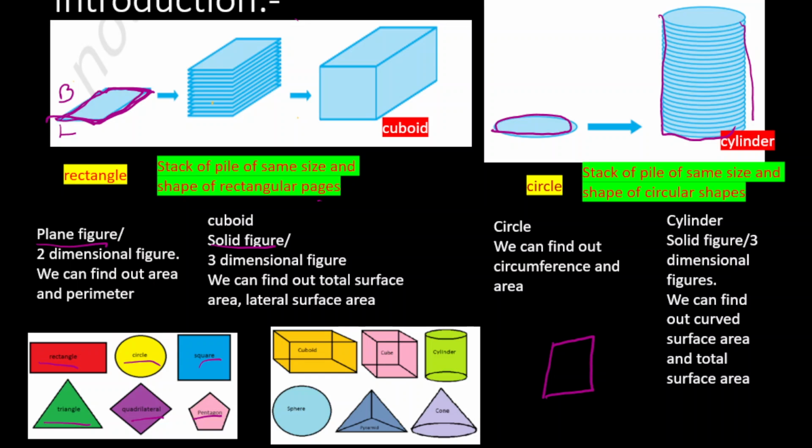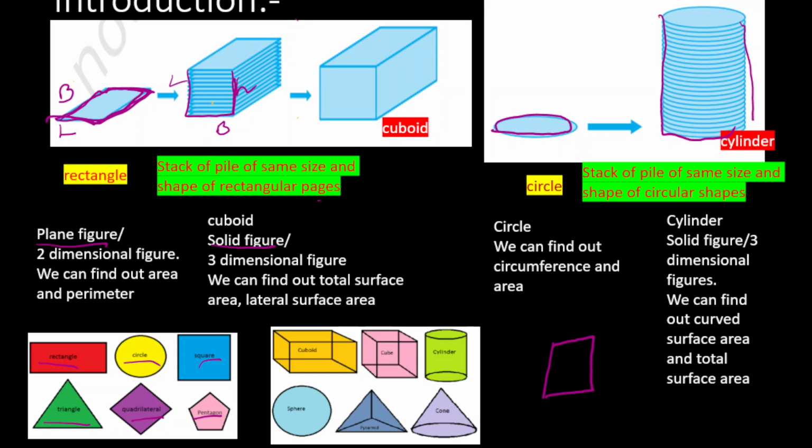Whereas coming to the solid figures, in addition to the length and breadth, we have one more dimension called height. All the solid figures have length, breadth and height as their dimensions, and also these solid figures are formed surrounded by many planes.